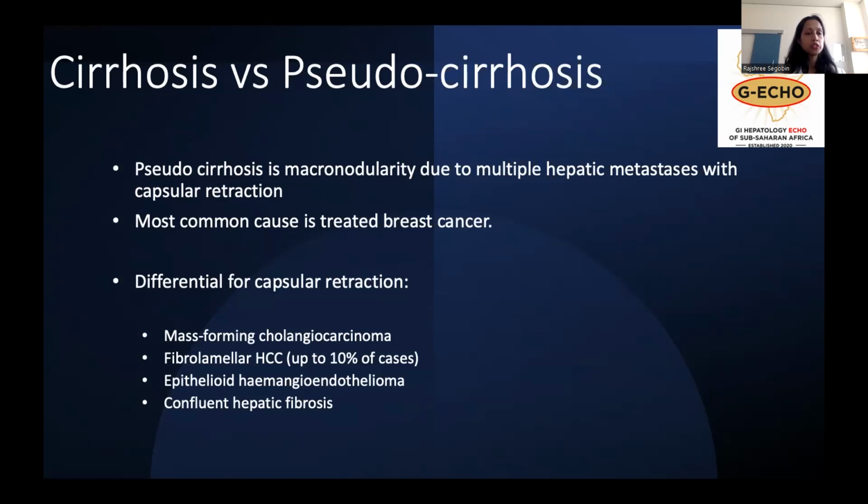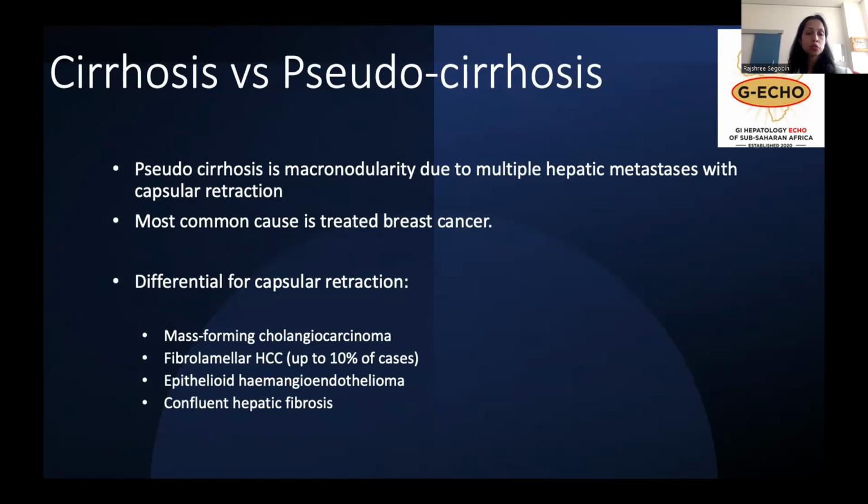Important to mention here is that when assessing a patient for the presence of cirrhosis, we have to be mindful of conditions that are pseudo-cirrhotic, where you will have an overall macronodular appearance of the liver due to multiple hepatic metastases or capsular retraction.